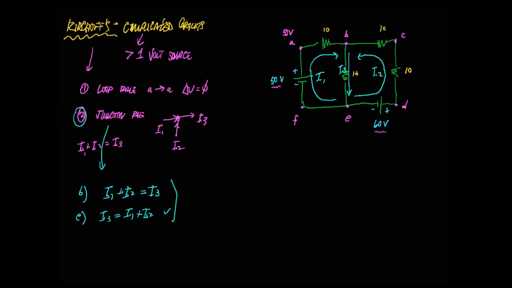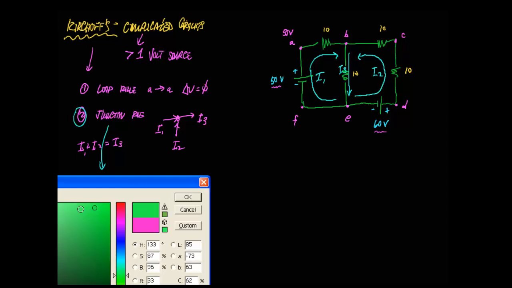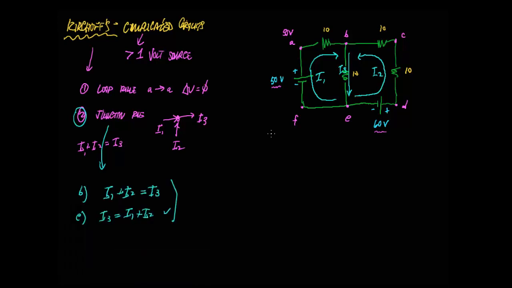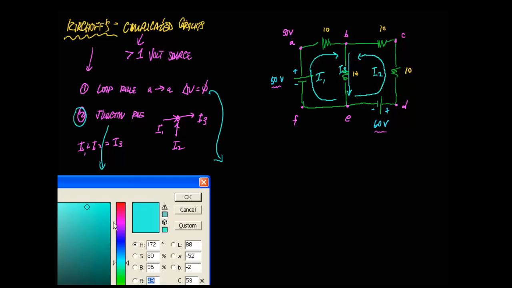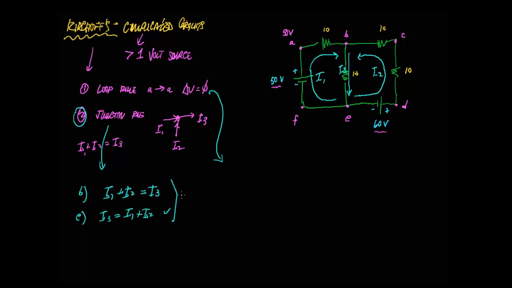Now our loop rule. How do we do the loop? A little differently, but the idea is the change in voltage has to be 0 all the way around. Let's get a better color here. I'm going to start at F, and I walk around and have to see the voltage go up or change.